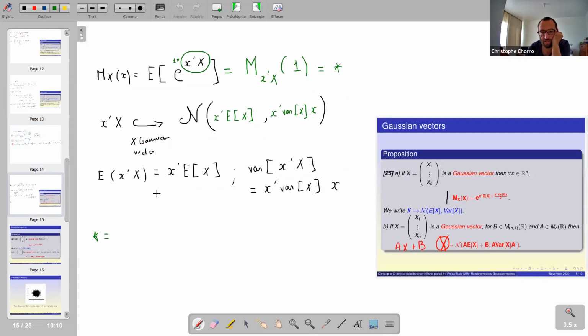If I use this result here, I have exponential of the mean plus sigma square, which is given by this expression, x prime variance of X x, over 2. And you see that the relation I have obtained is exactly the relation I wanted to prove. So you see that the computation is very basic in this situation.